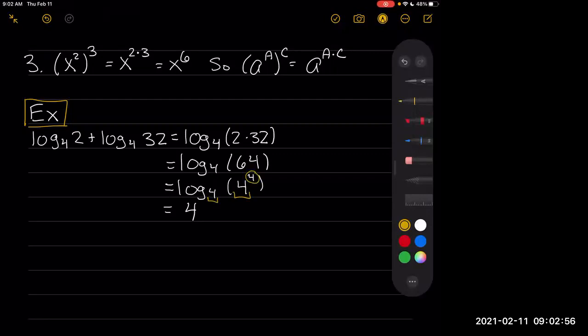I believe it's 4 to the 4th. Let me double check that real fast. We have 4, we have 16, and then nope, it's 4 cubed. That was my mistake. 64 is actually 4 cubed. So it equals 3. There we go.